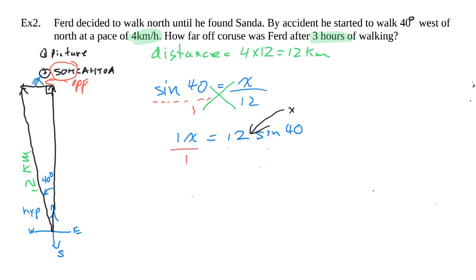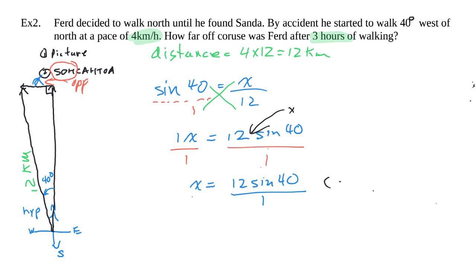So you divide both sides by 1, and you end up with, don't do any calculations, you just write 12 sine of 40, and then we divide by 1 is our answer. Now, you take 12 times sine 40, divide by 1, and that's your final answer.